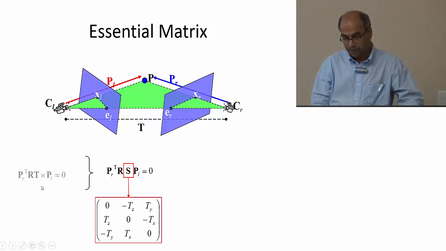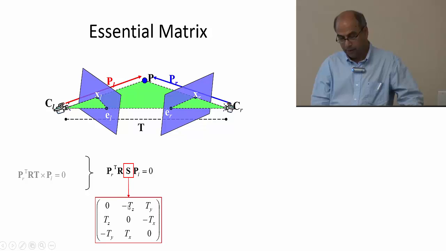So we have PR transpose times T cross PL. We will say it is S multiplied by PL. S is the antisymmetric matrix obtained from the T vector, and PL is the same thing. The diagonal is zero, and the off-diagonal entries are the negatives of each other. This is the T vector, which is here.